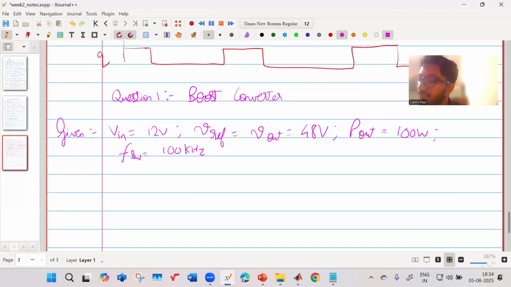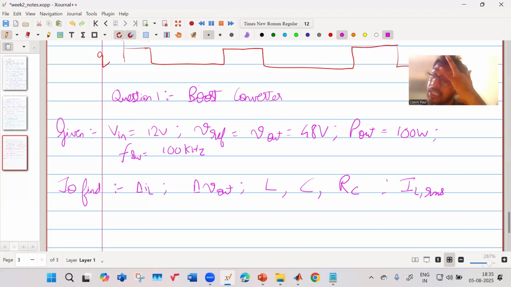What do we have to find? We have to find the expression for delta IL, the expression for the output voltage ripple, the inductance required, the capacitance required, the critical load resistance, and the IL RMS. Okay, these are the 6 things which are required.